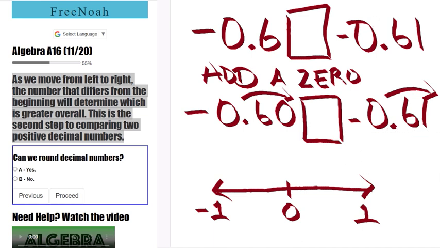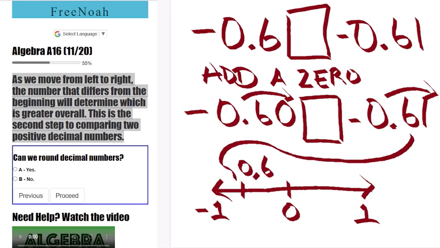We are going to plot our first value here, negative 6/10, right on this line. Negative 6/10. And this negative 61 hundredths, we're going to plot it on the left side.